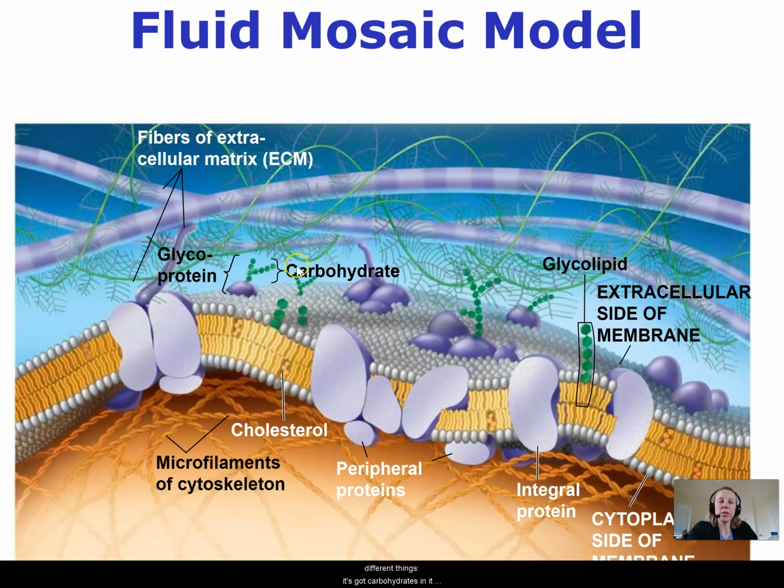So it's got carbohydrates in it, and it's got proteins in it, and it's got phospholipids in it, and these little hexagon-shaped things, it's got cholesterol in it as well. So it's a mosaic. It's made of a lot of different things. And then it's a model because this is what we think the membrane looks like. It turns out it's actually really hard to image exactly what the membrane looks like, but using the information that we have, we put it together to create this sort of image.